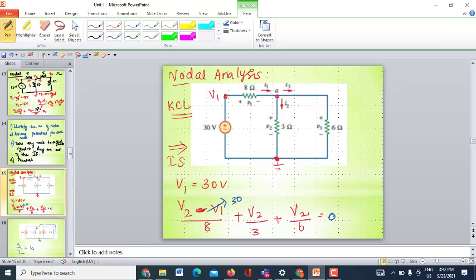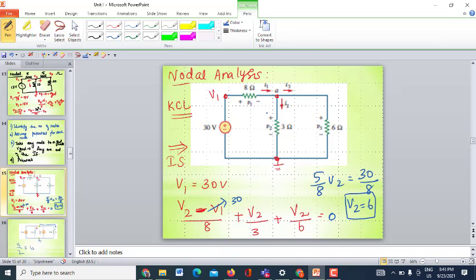So now you'll be getting 5 by 8 of V2 is equal to 30 by 8. Finally, your V2 will be 6. V2 is 6.